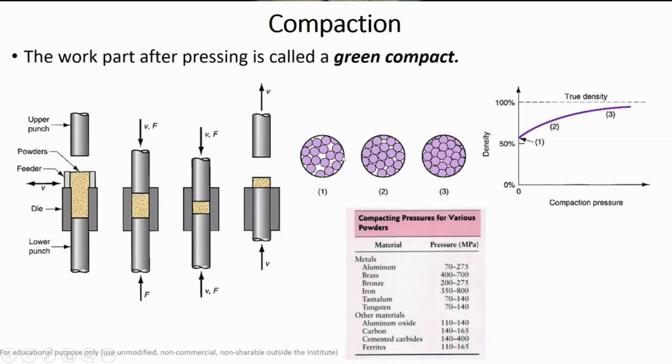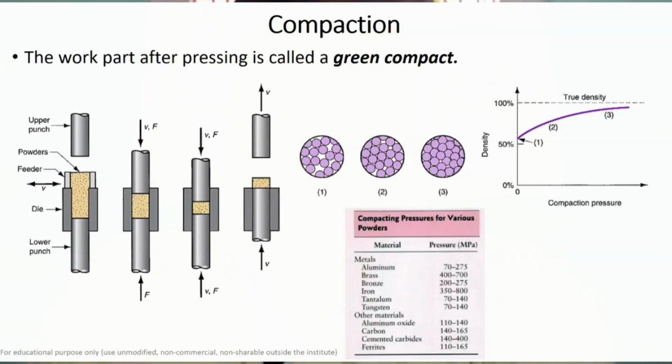If we look at the microstructure level, we find that initially, at stage one, the powder particles are at a distance, at different places inside the die cavity.